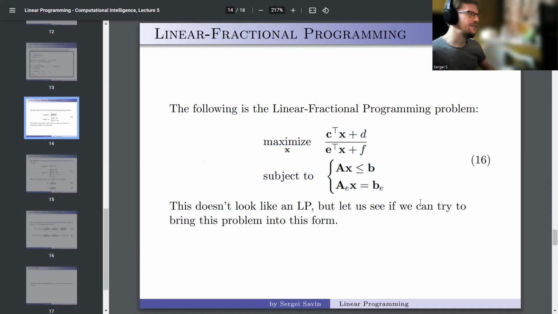Okay. Now I propose a challenge for you. It is an advanced challenge. So if anyone of you manages to solve it, we'll make sure you get extra points and everything.